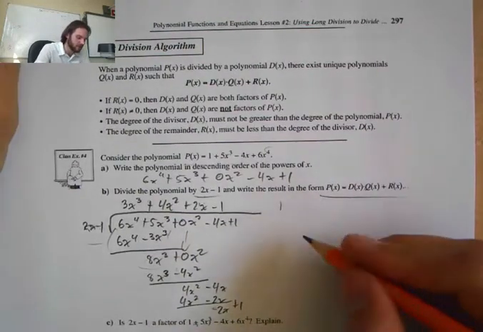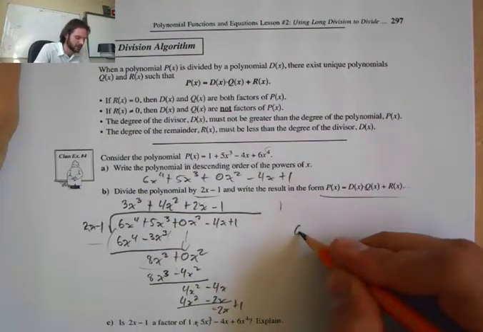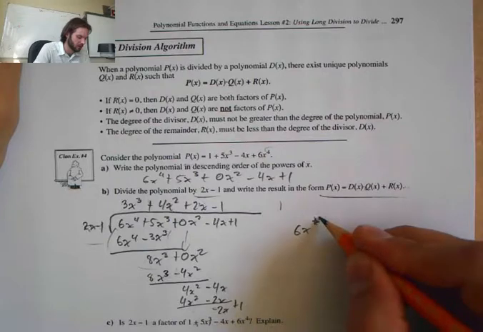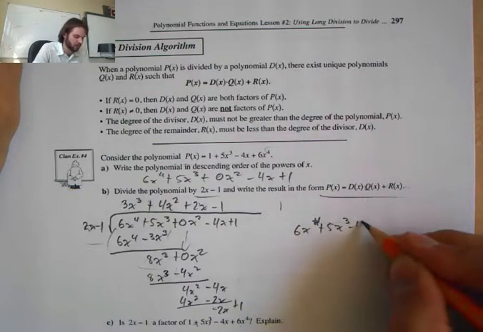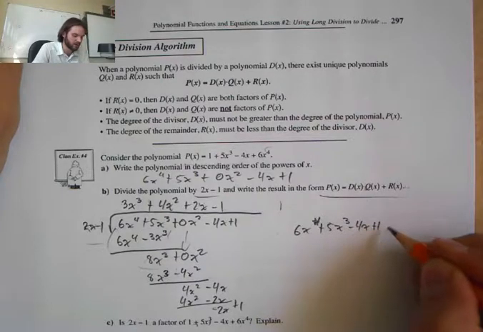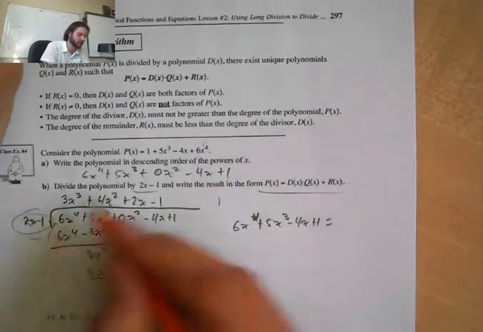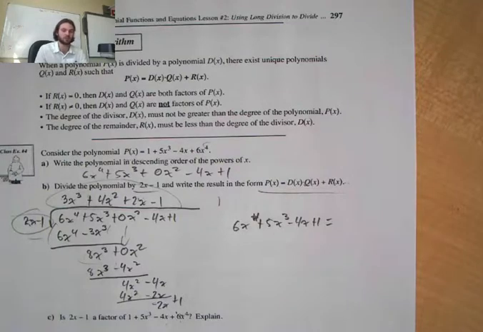So we have my product, 6x to the power of 4 plus 5x cubed minus 4x plus 1, is equal to this multiplied by that, and adding 0.